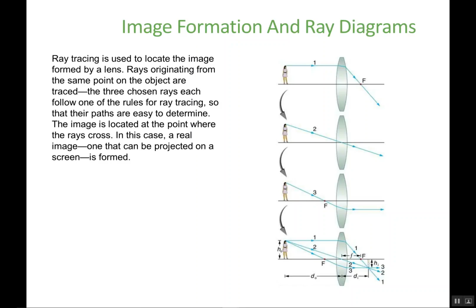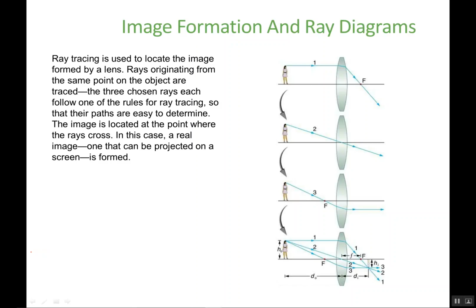So to discover qualitatively where the image of the lady's head will be formed, we can draw figures which are called ray diagrams. And ray diagrams involve drawing a few what are referred to as principal rays that follow very specific rules. And where those rays intersect in our diagram, the image of this lady's head will be formed. So what are these principal rays?